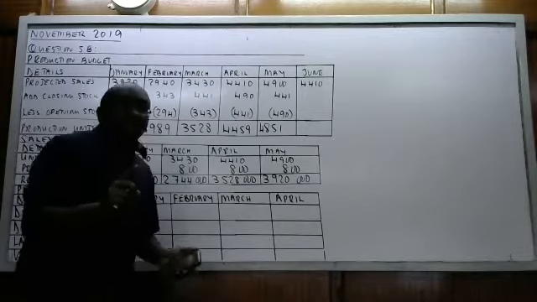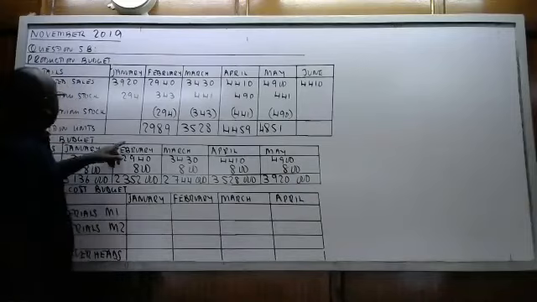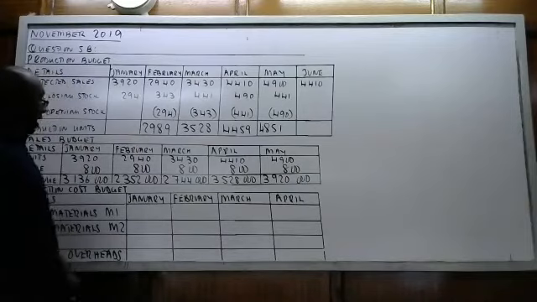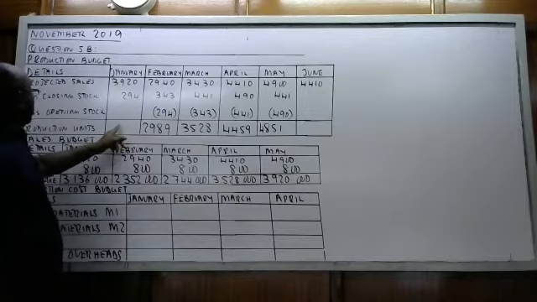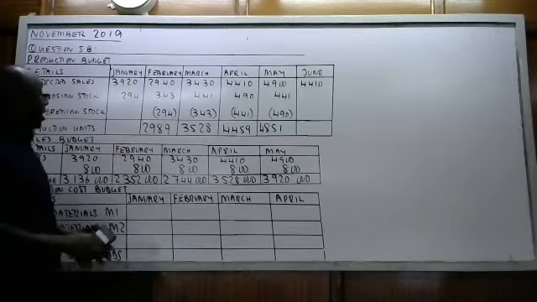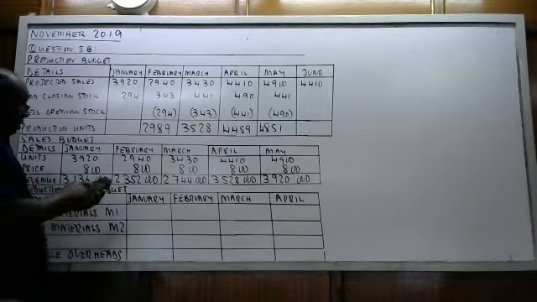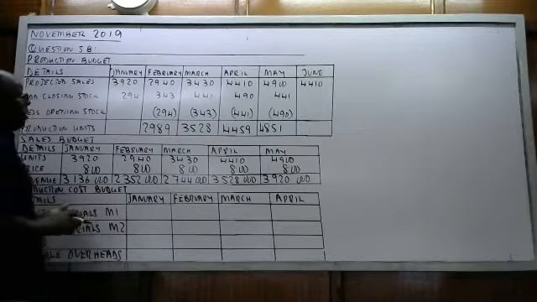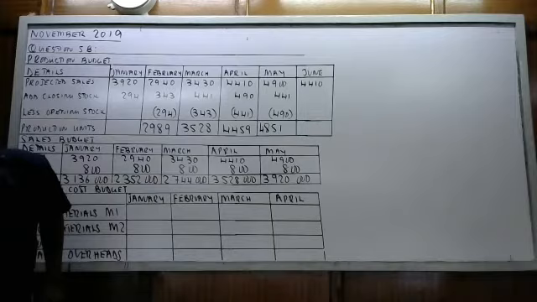Sasa hiyo 40 ndio tutatumia to multiply the units that are produced. So it will not even apply in January. January hatuna production. So tukuja hapa kwa February.